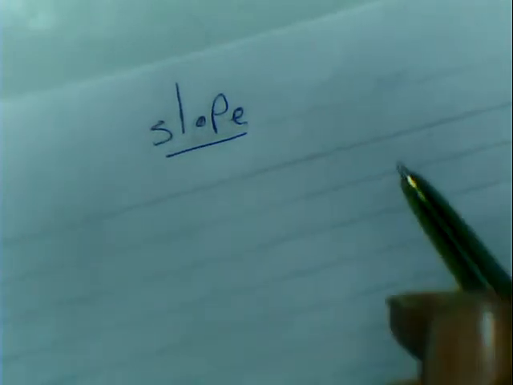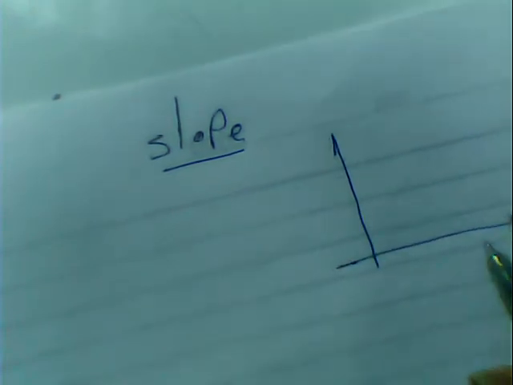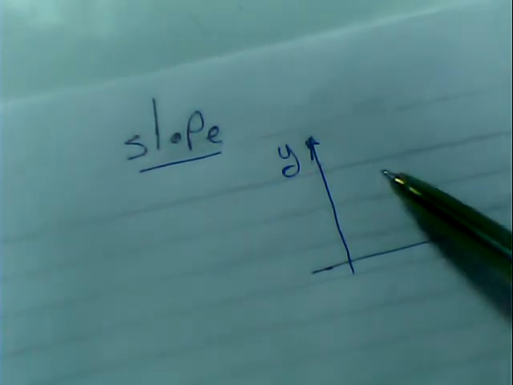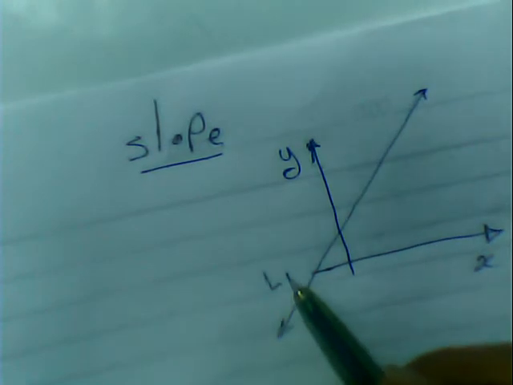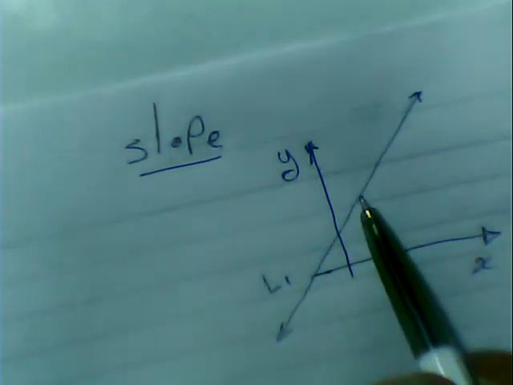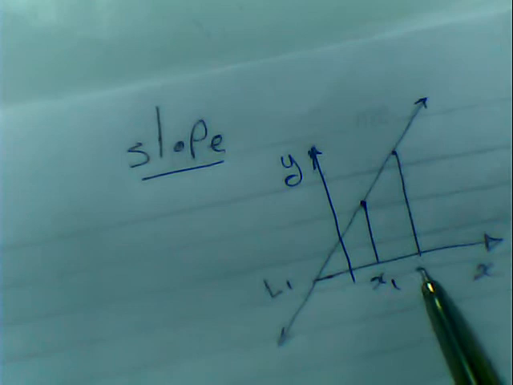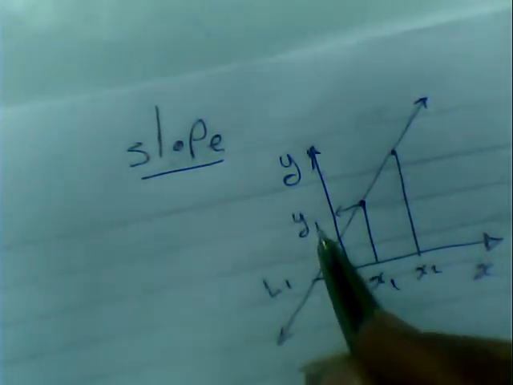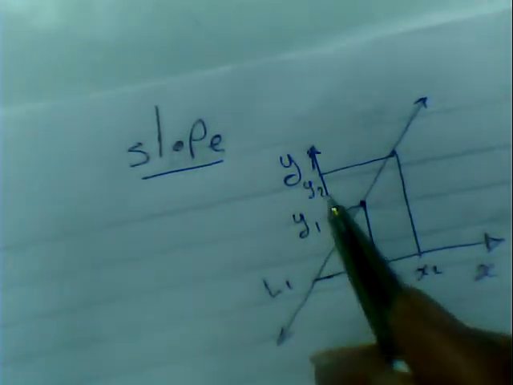A slope, if we have x and y axis, and a line like L1, then this point changes from x1 to x2, with the images y1 and y2.